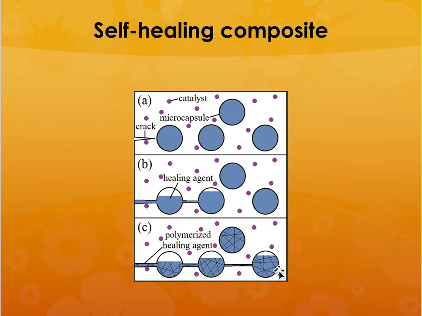This was originally done at University of Illinois, and then it is even being done at University of Tulsa. So what happens is that you add these microcapsules that release a self-healing fluid that goes into the cracks and solidifies and prevents the crack from propagating further.